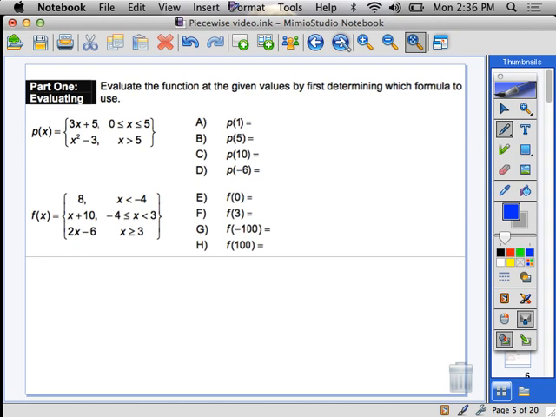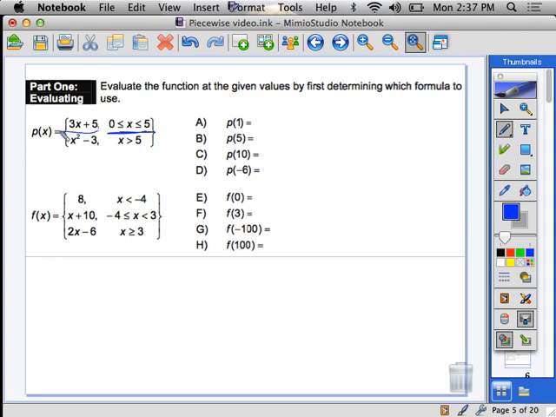So if we take this part, when x is 1, I'm going to use your rule or your branch, I think, is that what they call it? Let me look. Restrictions. Sorry. Told you I'm really not too worried about your terms as long as you know what they do. All right, so the restrictions. It's going to fall between 0 and 5. So we're going to use this top formula here.